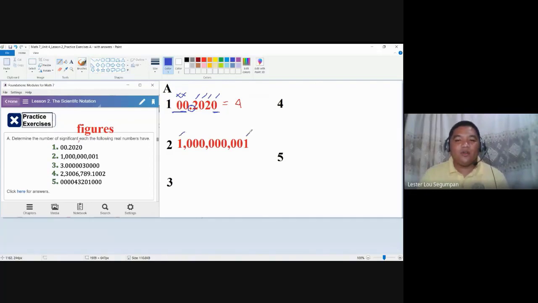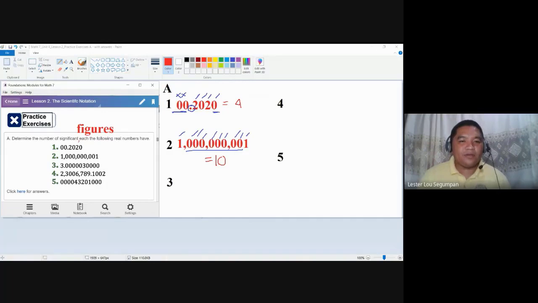And number two, all zero digits between the non-zero digits are also significant. So you have 1, 2, 3, 4, 5, 6, 7, and 8. So basically, the number of significant digits for number 2 is 10. We have 10 significant digits for number 2.